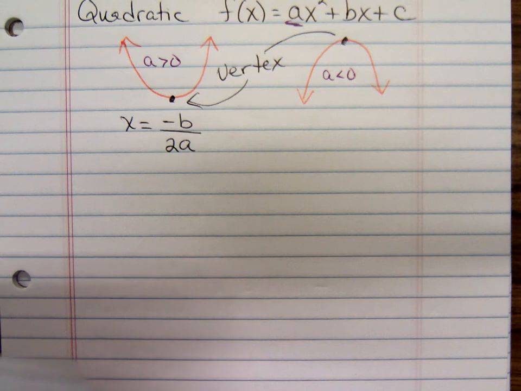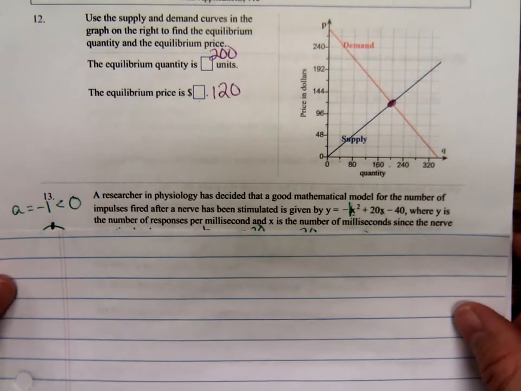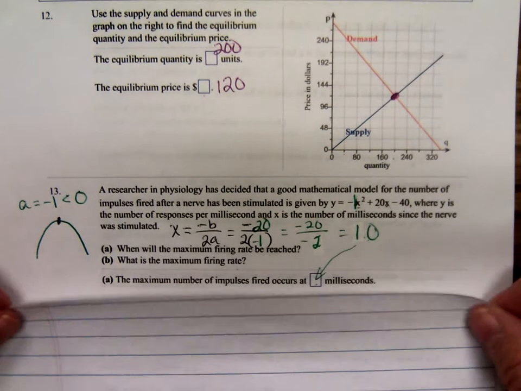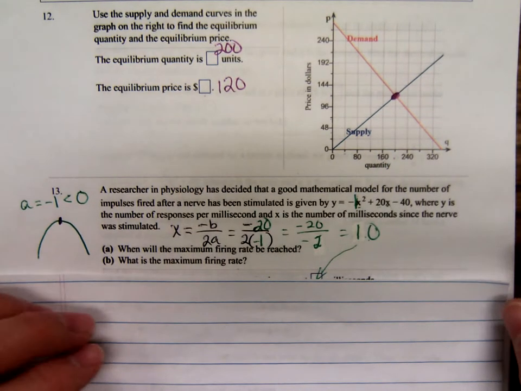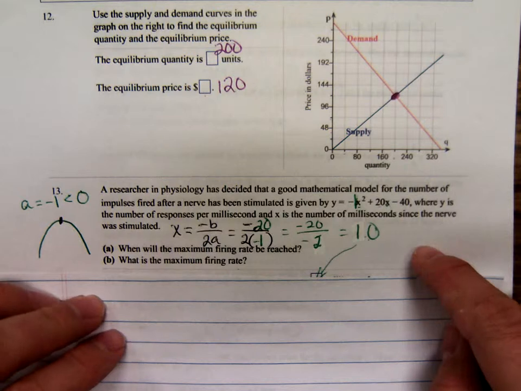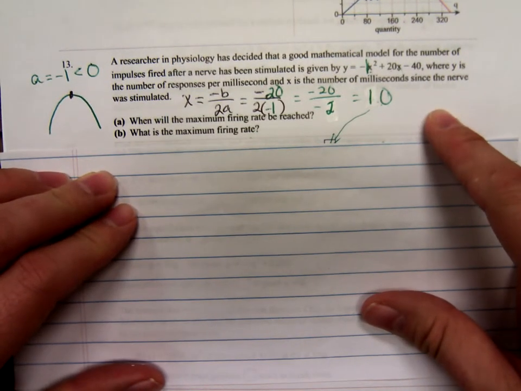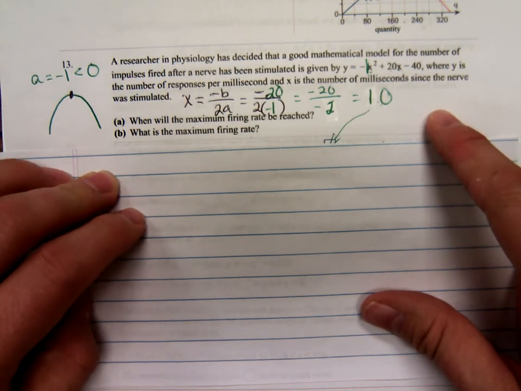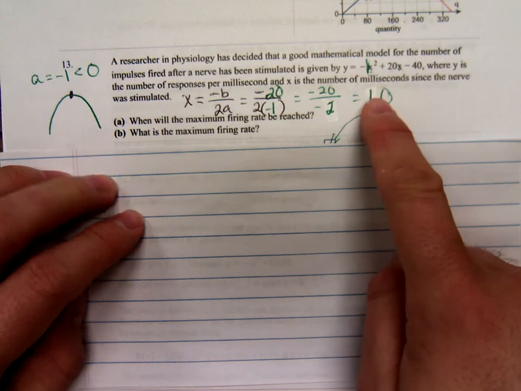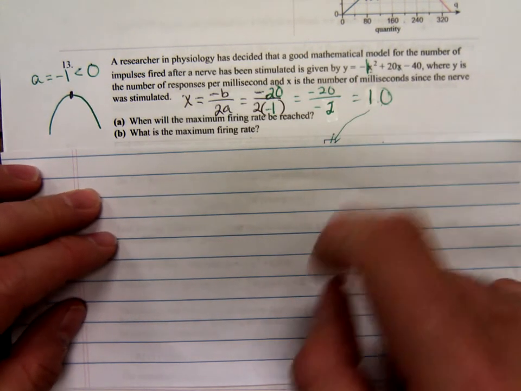We're getting ready to do problem number 13, which I'd sort of already started right here. Well, I guess I'll let you see the whole thing. A researcher in physiology has decided that a good model for the number of impulses fired after a nerve has been stimulated is given by y equals negative 1x squared plus 20x minus 40.